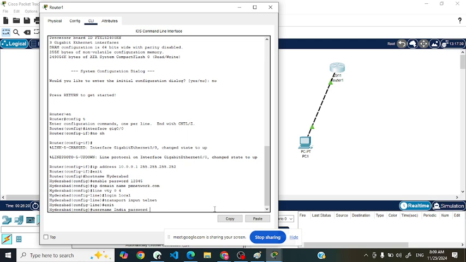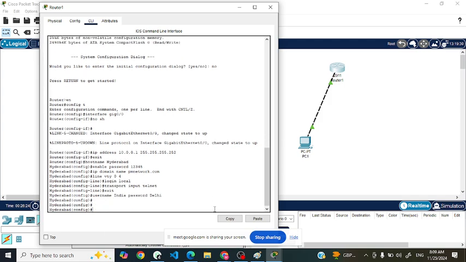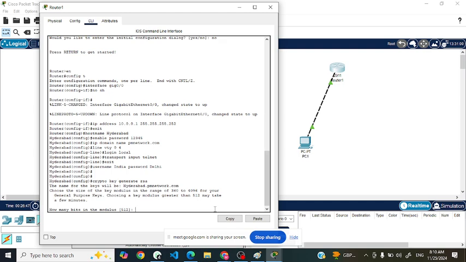Password Delhi. Crypto key generate RSA, 1024.